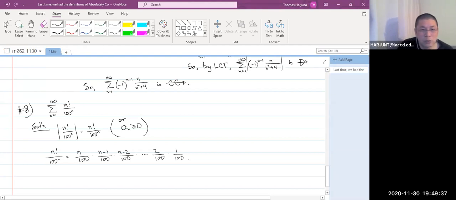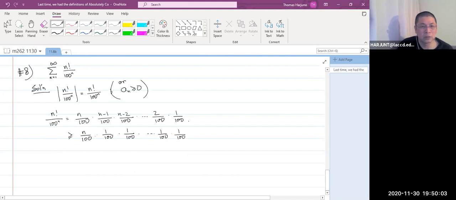This will be bounded below by n over 100 times 1 over 100 repeated, which is n over 100 times 1 over 100 to the power of n minus 1.